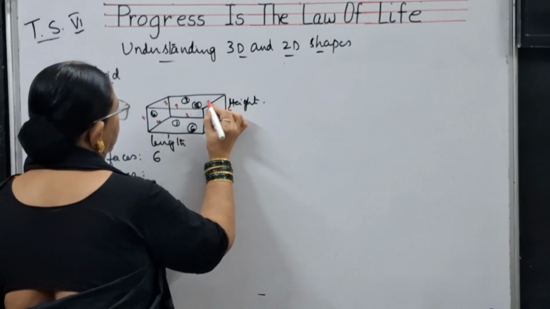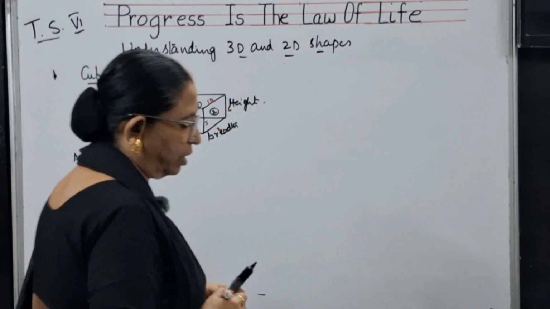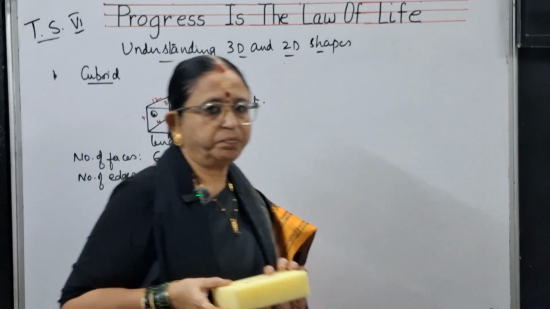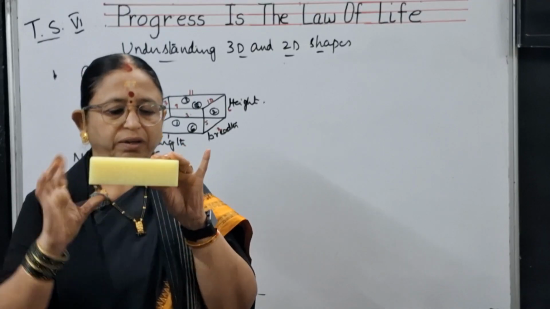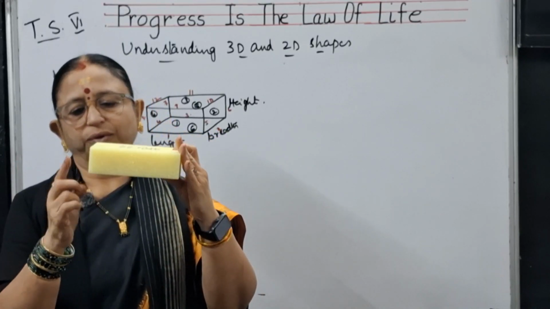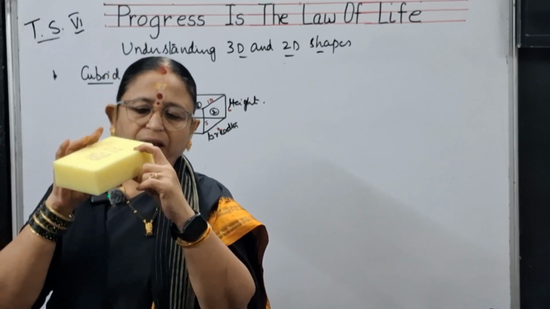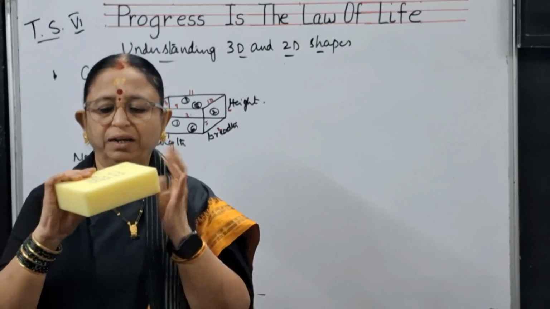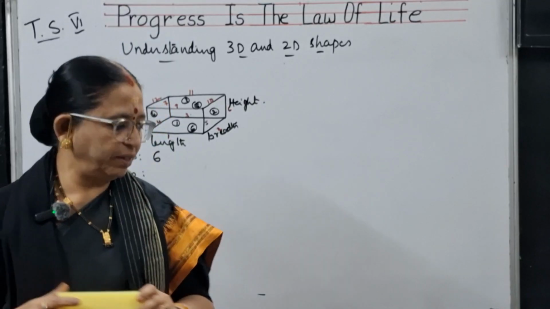And this is 9, 10, 11, 12. So total number of edges are 12. So let me show you here. These are called edges. This is 1, 2, here 3, 4, 5, 6, 7, and this is 8, and 9, 10, 11, 12. So altogether 12 edges are there.